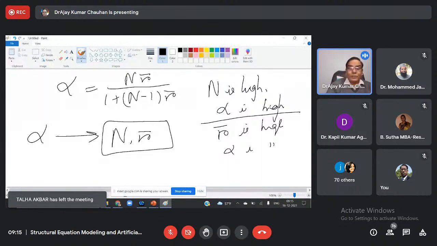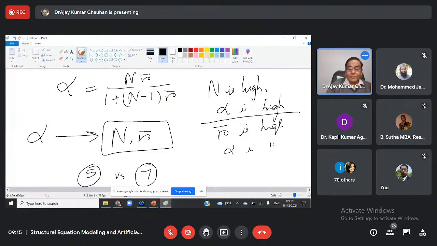So now I'm telling you one thing. If you are using a 5-point scale versus a 7-point scale, the alpha is higher for the 5-point scale as compared to the 7-point scale. So this is one problem I found, and because of this problem, we have another problem in the SEM model. The SEM model does not support the 5-point scale. The SEM model supports the 7-point or 9-point scale.